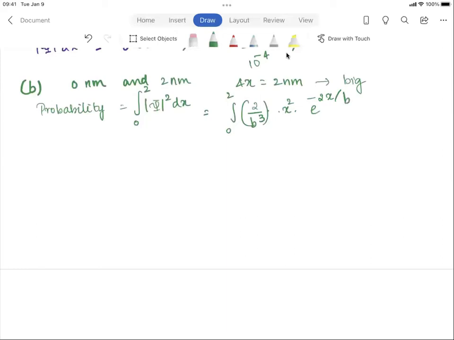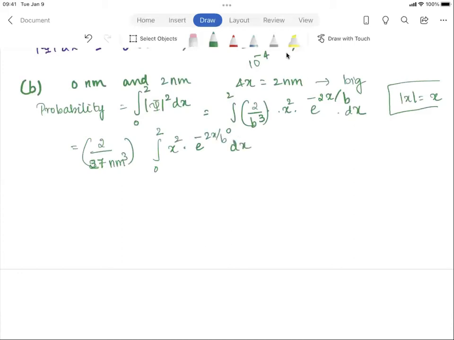Because we're working with an interval from 0 to 2, mod x would just be x, because we have positive numbers, times dx. So we're going to integrate this term. But before we do that, let's pull out 2 over 3 cubed, the constant, outside. Now let's integrate x squared times e to the negative 2x by b dx.